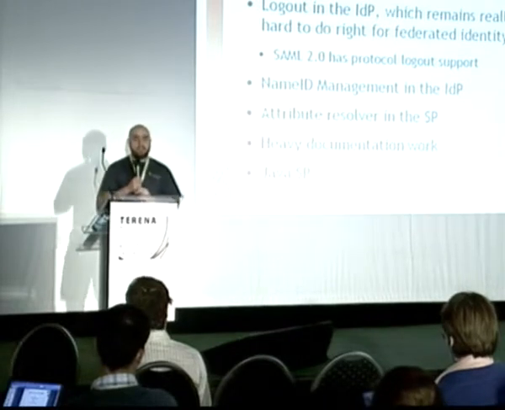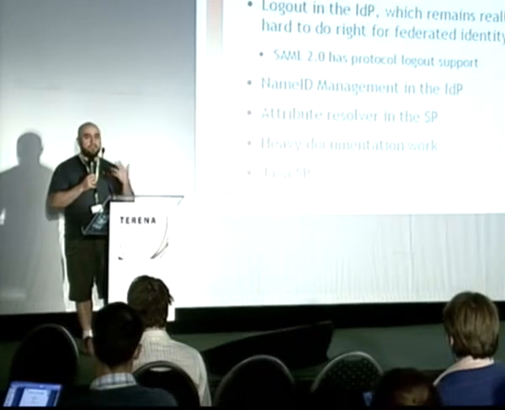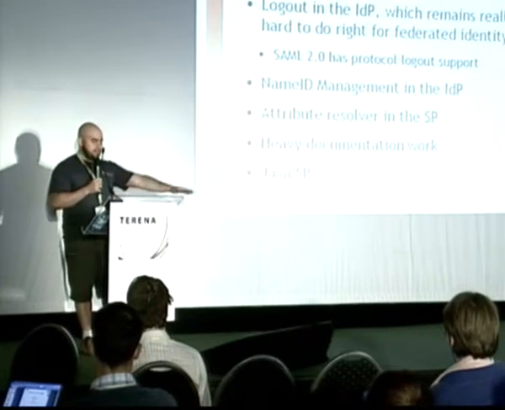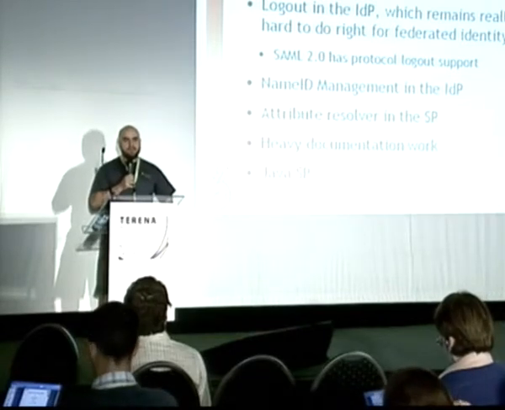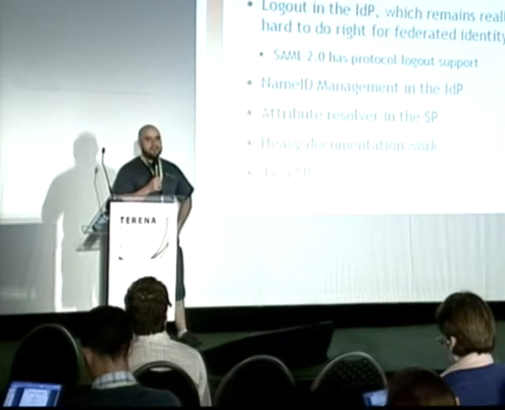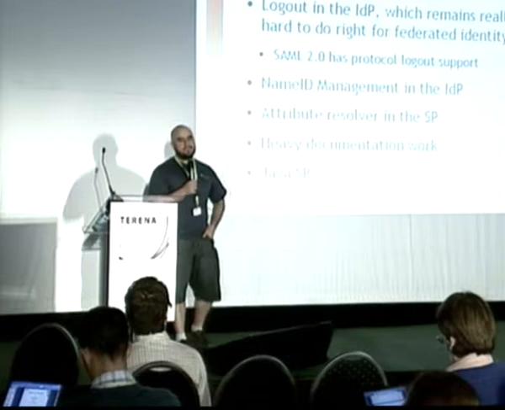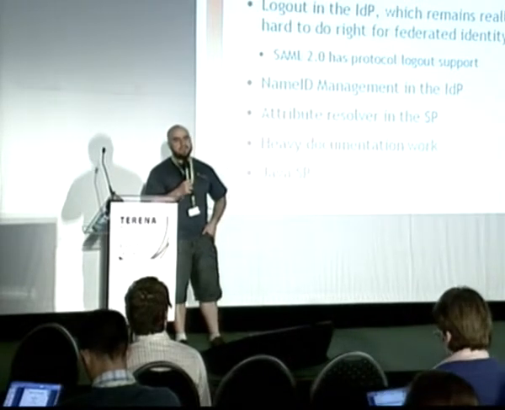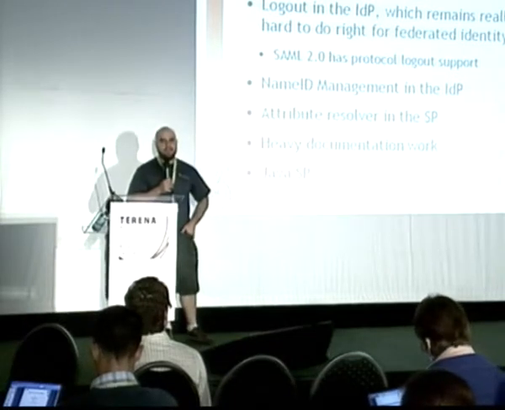We also want to put an attribute resolver in the SP that allows us to grab information from multiple sources so that someday in the future, we'll be able to support a scenario like the following. I believe there is a strong likelihood that at some point, most of the identifiers people have will not be from the primary institutions. We won't issue most of our identifiers.